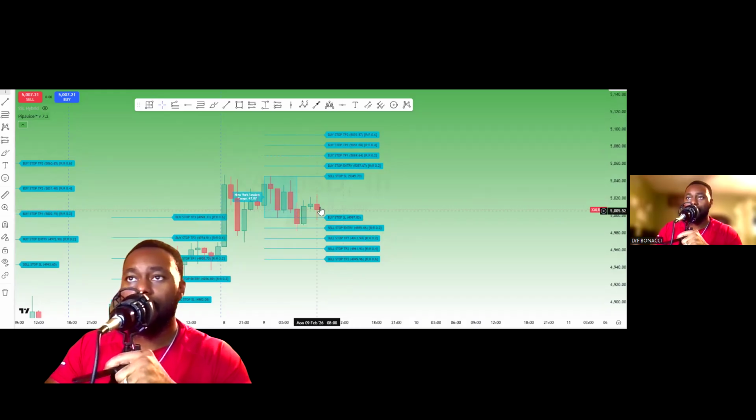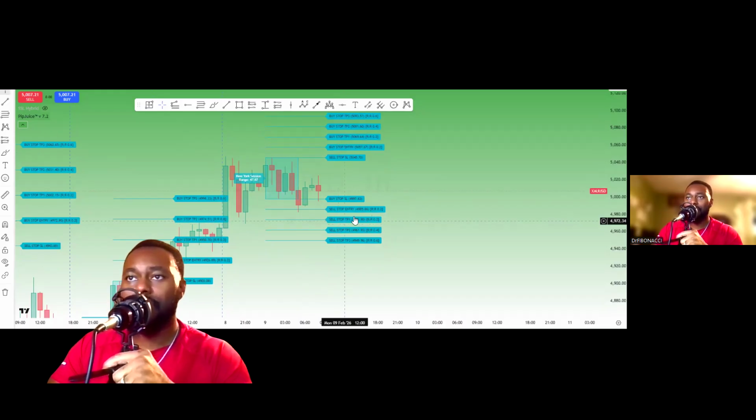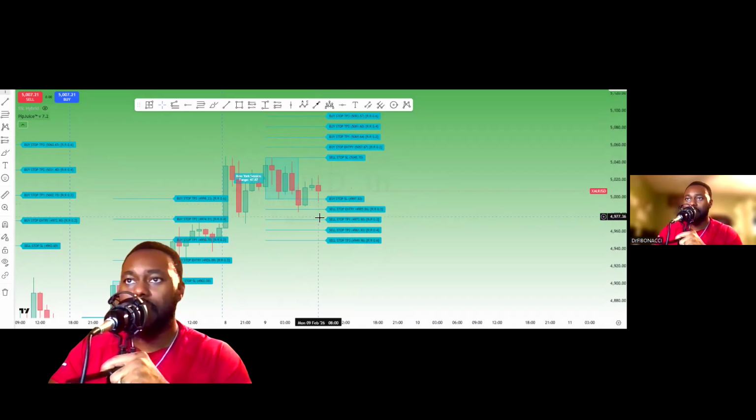So if the market continues buying up, this is your nomenclature, your actual entries for a buy setup. For a potential sell setup, we have a buy stop stop loss. Then you probably want to look for sells: sell stop entry, sell stop TP1, sell stop TP2, sell stop TP3.